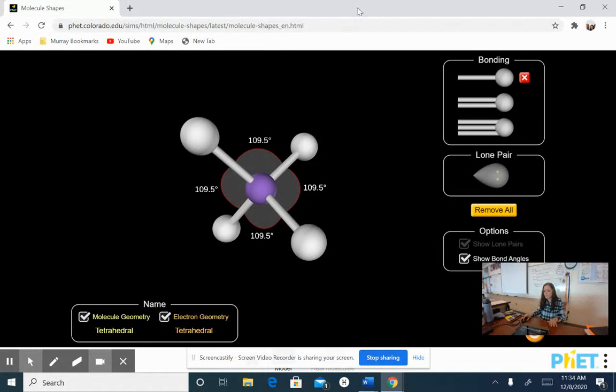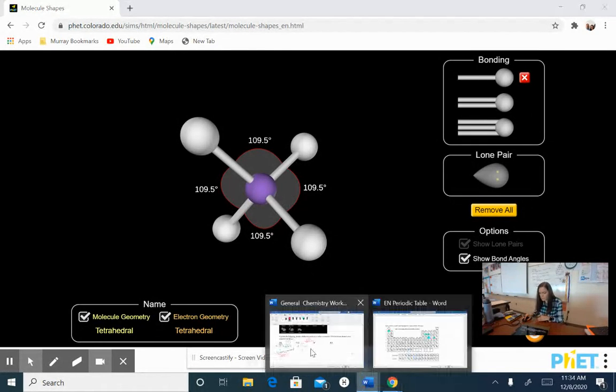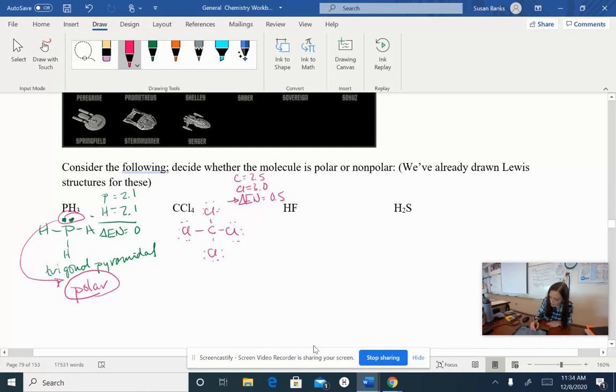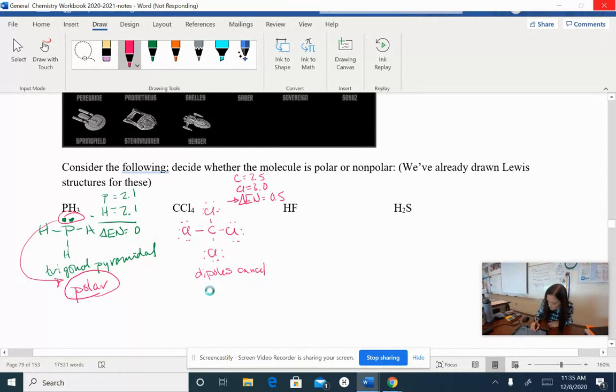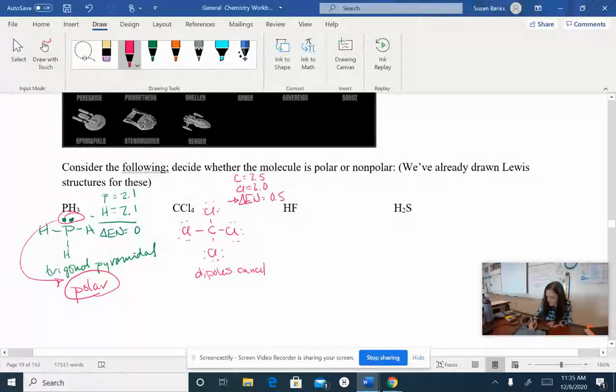Those dipoles, or those forces, because they're all equal and going all opposite each other, will cancel out. So because these dipoles cancel, this becomes nonpolar. Okay?